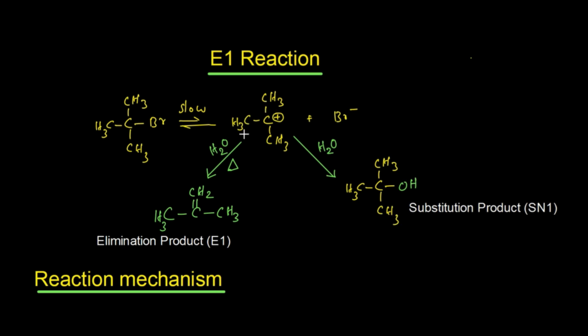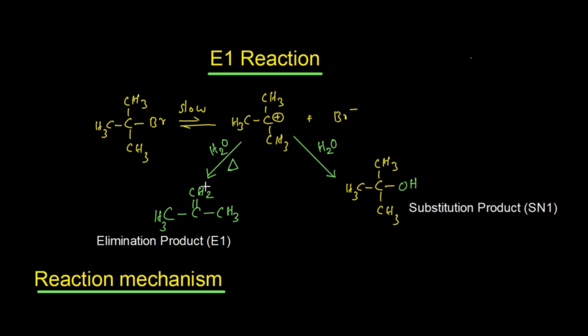Here the carbocation is a common intermediate, that means it can give both the products, but you should see carefully that in this condition there is heat. Heat is required to get this product.